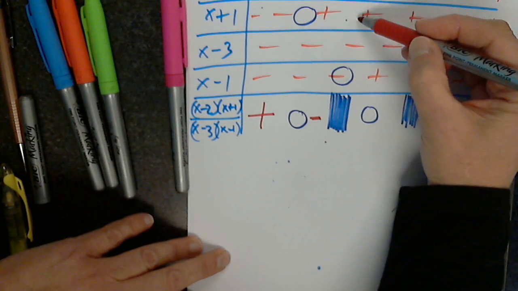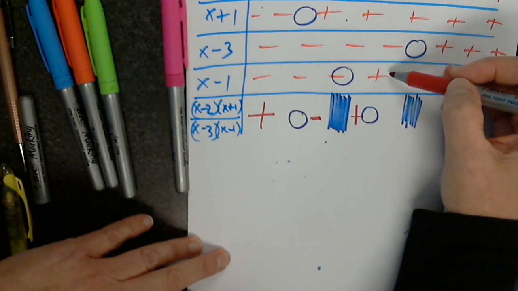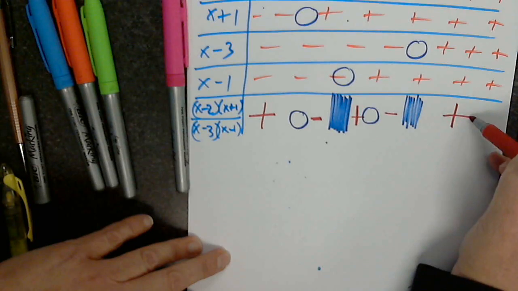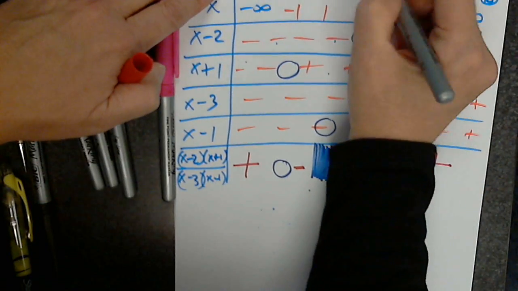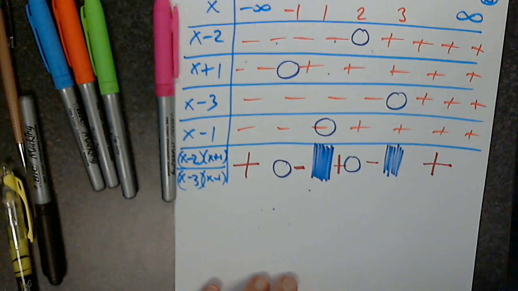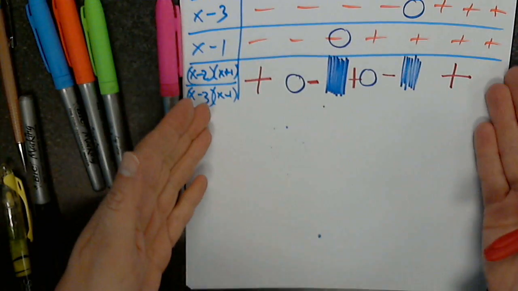On the next subinterval, I count 2 negatives. On the next subinterval, I count a negative. And on the last one, no negatives. Now, only now I check this. Which sign do I have to pick? I have to pick positive. Is this expression ever positive?